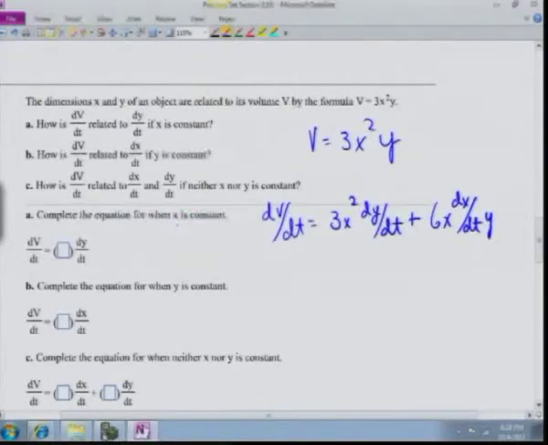Yes? Question? How did you come up with the 6x? Over here? Yeah. Take the derivative of that piece, because this is a product. So 2 times 3 is 6x dx/dt times y, because you're not taking the derivative of y there.